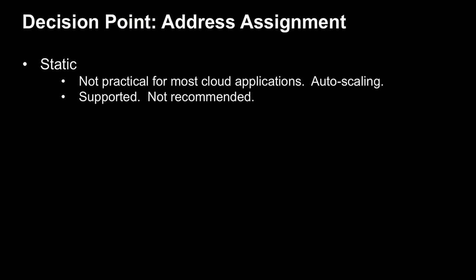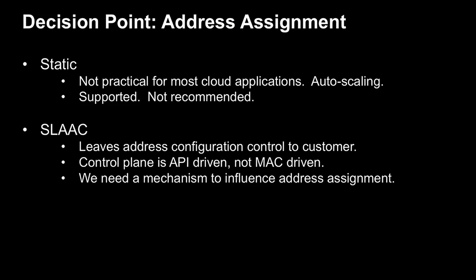will use. We investigated using stateless address auto-configuration. And there are a couple of challenges for us with that. We talked about the mapping service and having a view of the topology, a topology that's controlled by APIs, where customers can call in to create an instance and, in fact, can specify, if they so choose, an IP address or a subnet prefix, etc. So the notion of having the infrastructure controlled by a modified EUI-64 SLAAC configuration actually doesn't work well with our control plane.